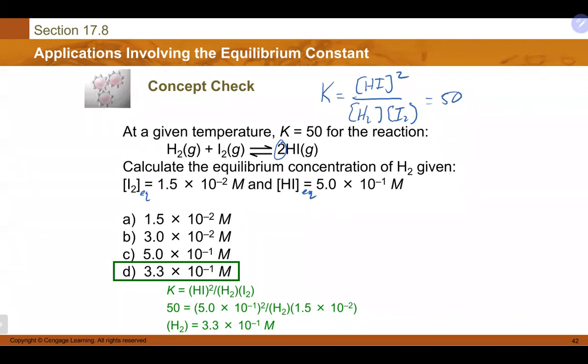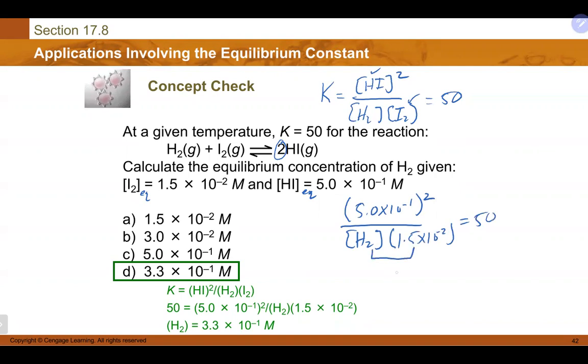In this case, it gave us a concentration of I2, and they also gave us a concentration of HI. So we could put our values in. This would be 5 times 10 to the minus 1 squared divided by H2 and our I2, which is 1.5 times 10 to the minus 2, would equal 50. We're going to take both of these and multiply them to the other side.